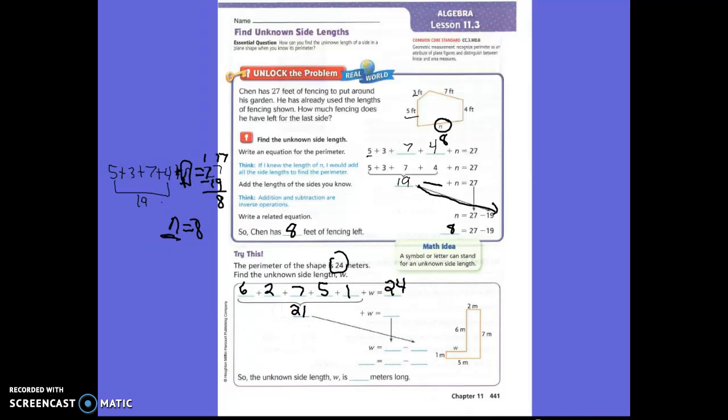Now, we have to take that 21 and put it on the other side of the equal sign. And when we go to the other side of the equal sign, we have to do the opposite operation, which is subtraction. Okay. So 21 plus W equals 24. But then we're doing 24 minus 21. W equals 24 minus 21.